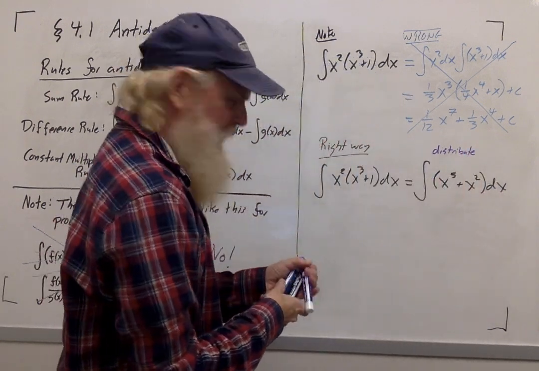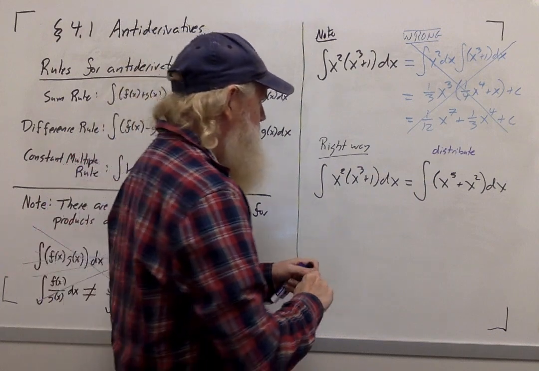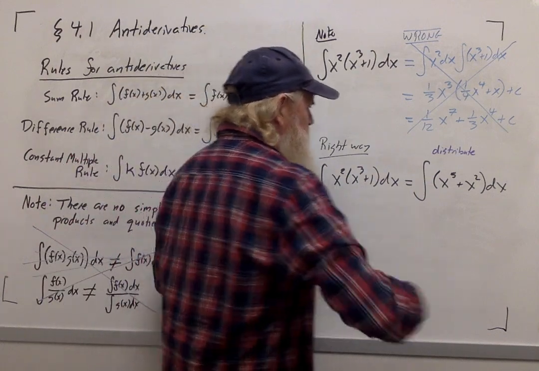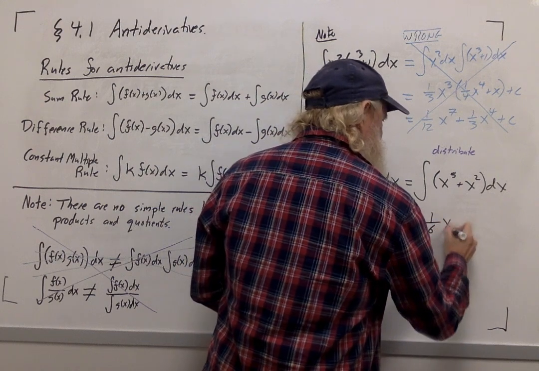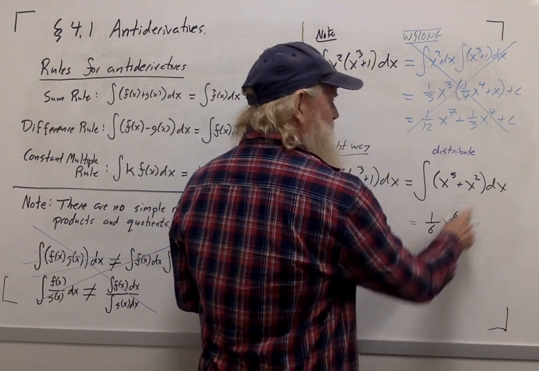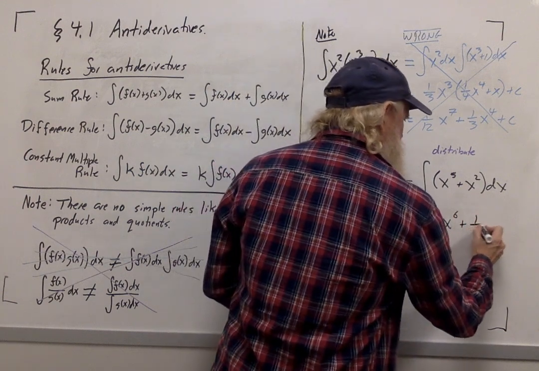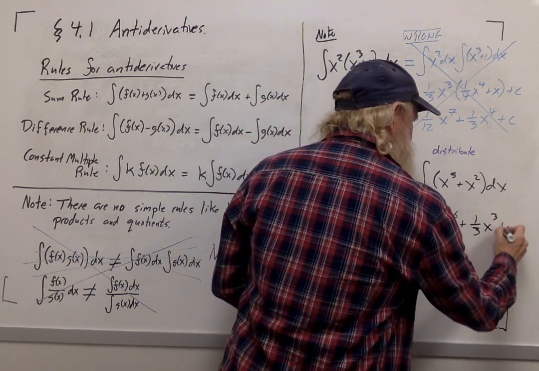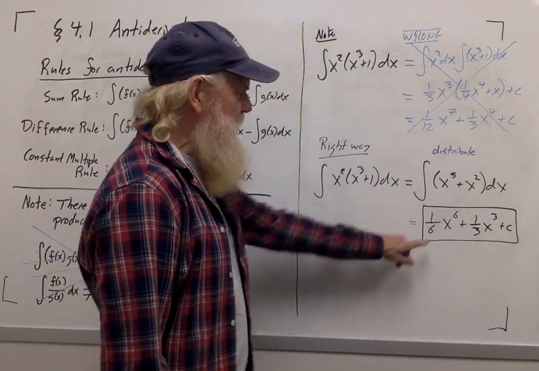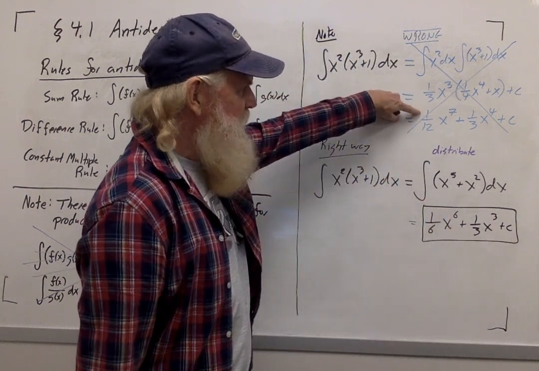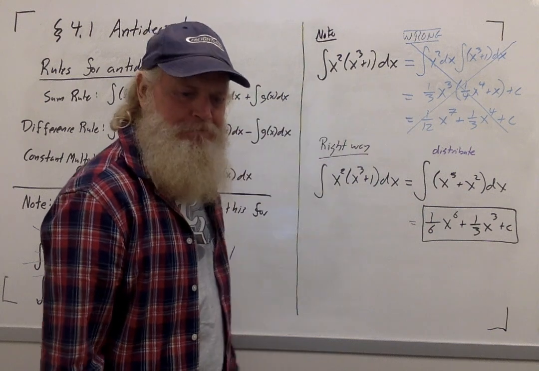And then I can just find the antiderivative one term at a time. The antiderivative of x to the 5th is 1/6 x to the 6th, and the antiderivative of x squared is 1/3 x cubed. And notice that that's very easy to check, and it doesn't look very much like this at all.